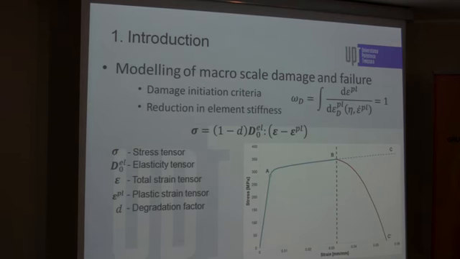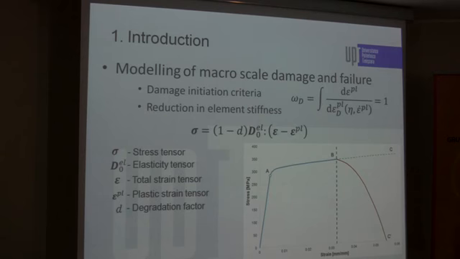So considering a material deformation, we have a linear component, and at point A we have the yielding, and if no damage initiation criterion is specified, it will just have hardening over whatever law is specified.